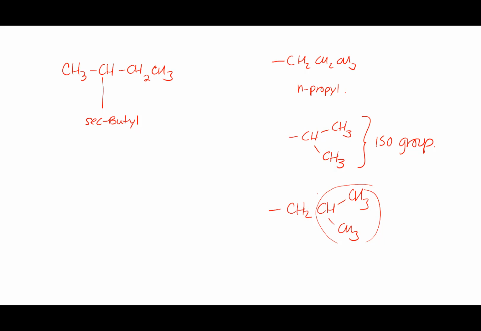It's a total of 4 carbons, and so this becomes the isobutyl group. And then if I had another carbon in front of that CH2, it would be isopentyl.